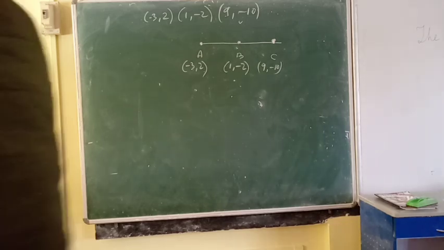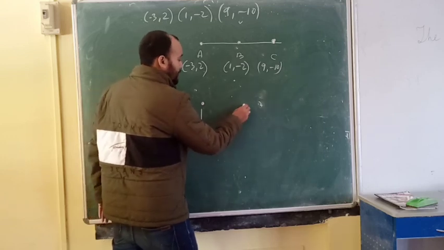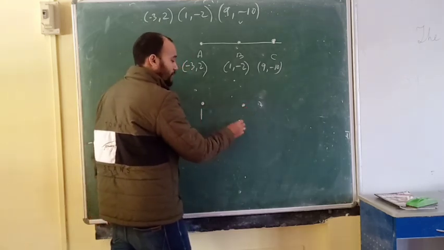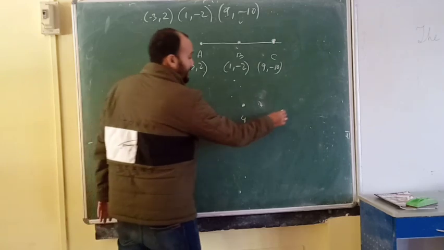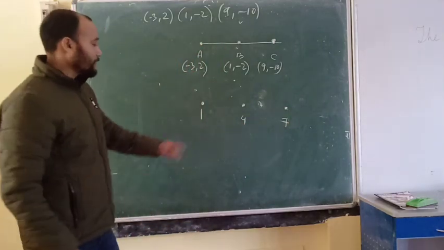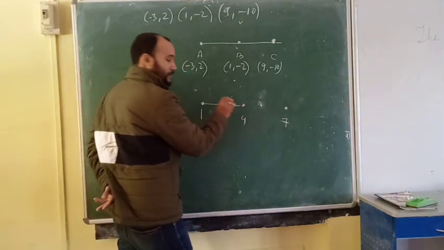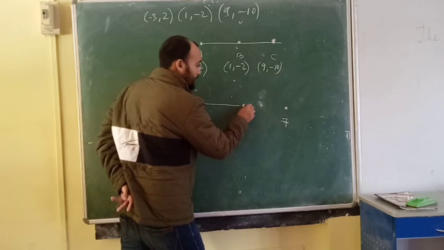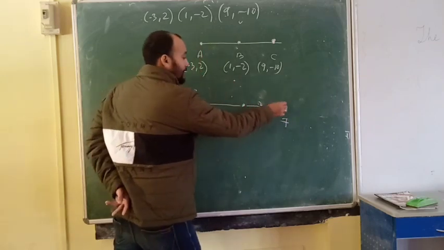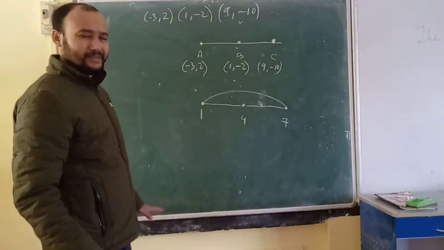I am explaining very simply. This is 0, this is 1, suppose this is point 4, and this is point 7. If the distance between these 2 points and the distance between these 2 points gives the distance between these 2 points, then it is collinear. Simply.